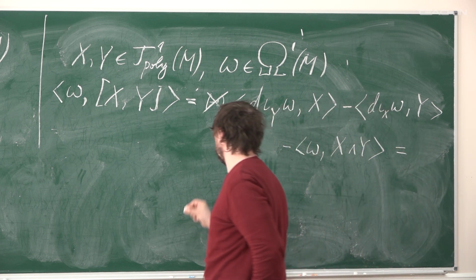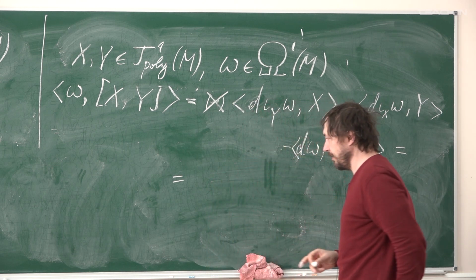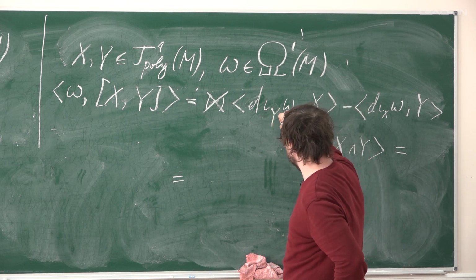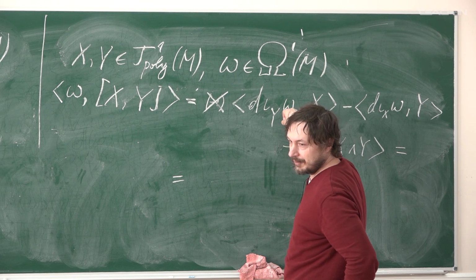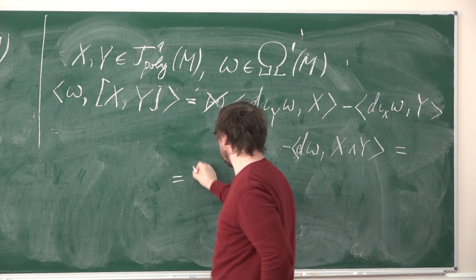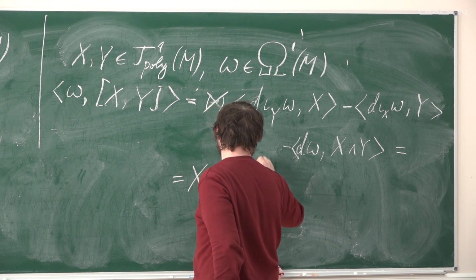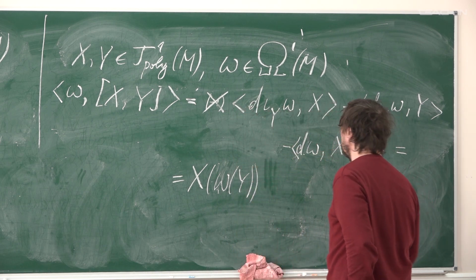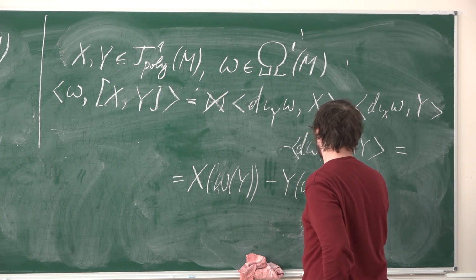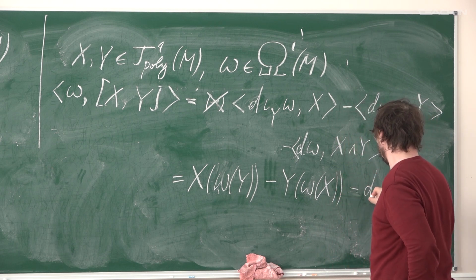So what do we have? d omega, of course, d omega, not omega. So the first element is very easy. When you contract a one-form with a vector field, you just obtain the value of this one-form on the vector field, and you differentiate and contract this result with X. That's just X of omega of Y. Now we have the same here: Y of omega of X. And finally, we have minus d omega.